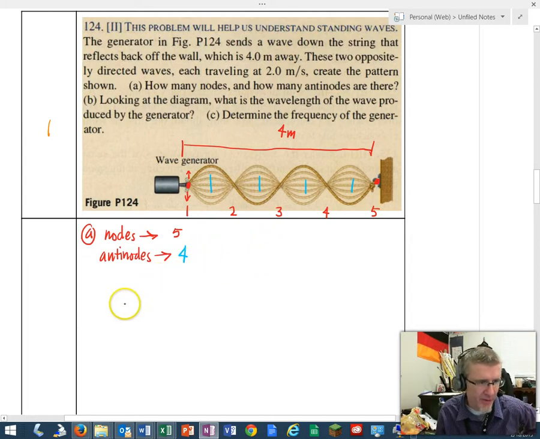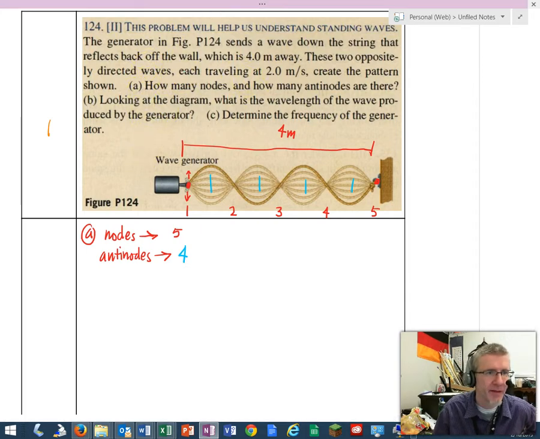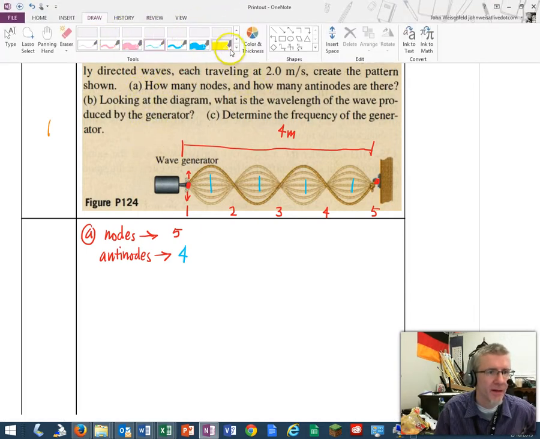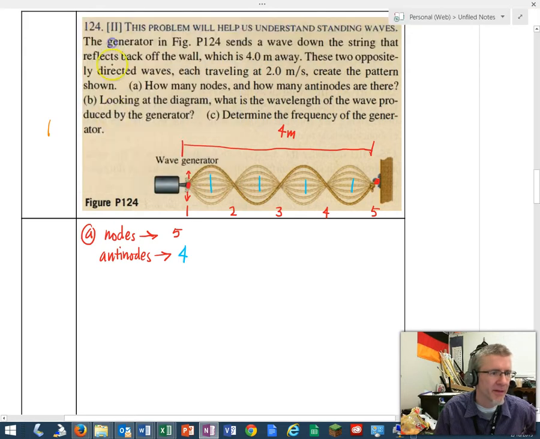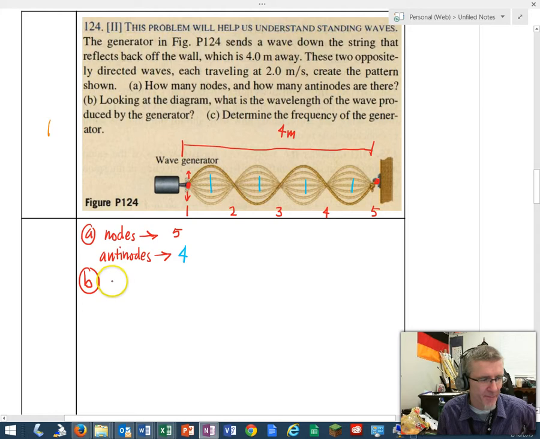So we know in a string that is pinned at 2 ends, we know that the length of the string is some number of half wavelengths. And indeed we see that this is 4 half wavelengths.